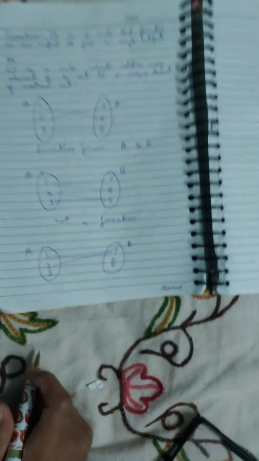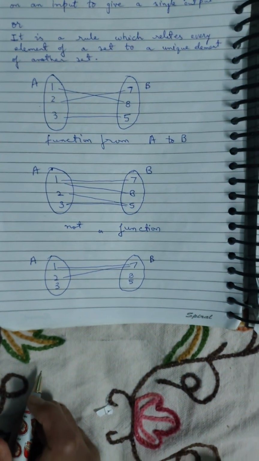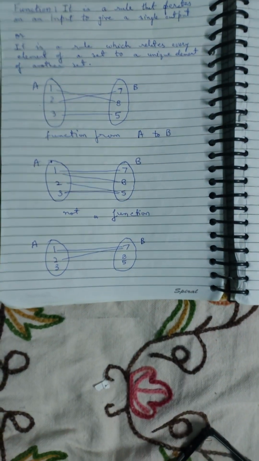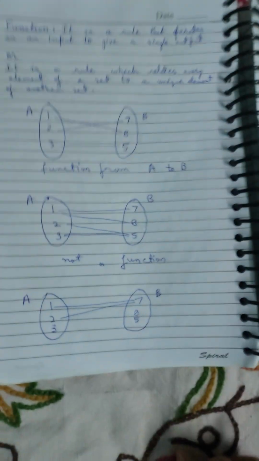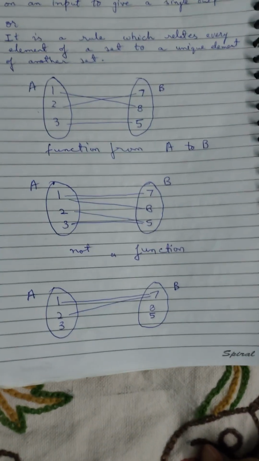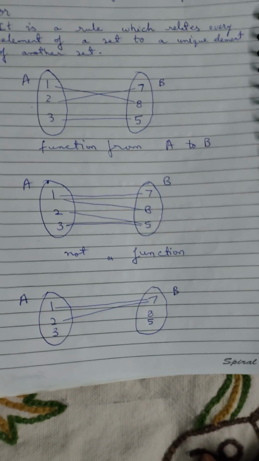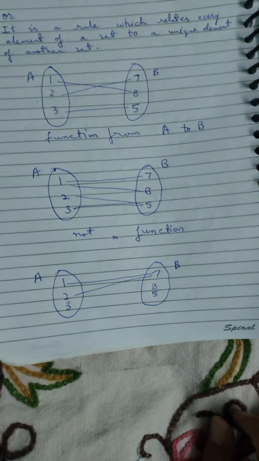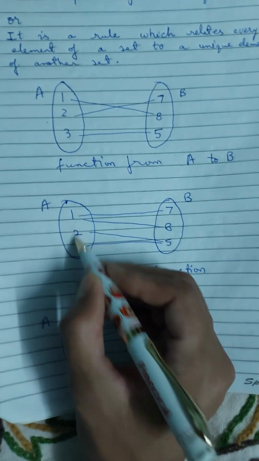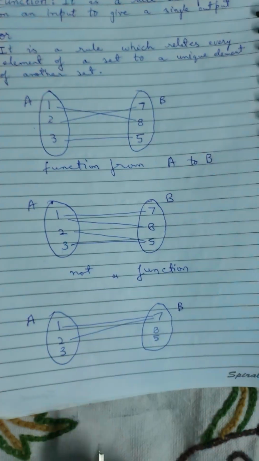So every element of set A should be related to a unique element of set B, and this unique element does not mean that it should be related to the same element. For example, all the elements 1 2 3 should be related to 8 only.